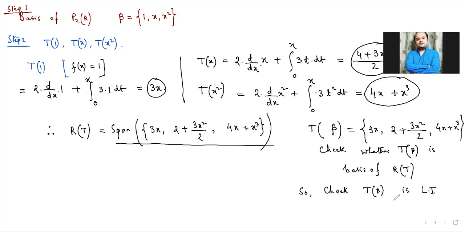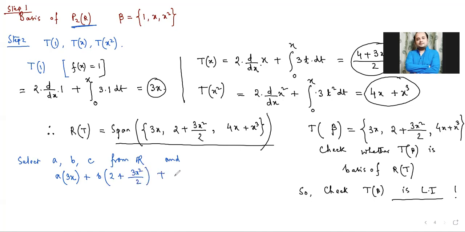So how can I do this? We will select 3 scalars A, B, C from R, because the field of P2R is R, and we will write A into 3x plus B into 2 plus 3x square by 2 plus C into 4x plus x cube.